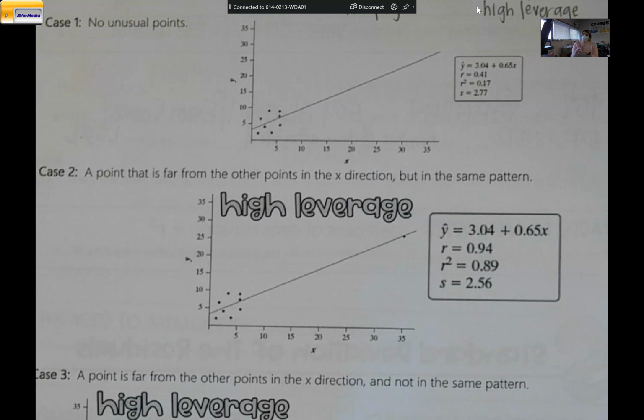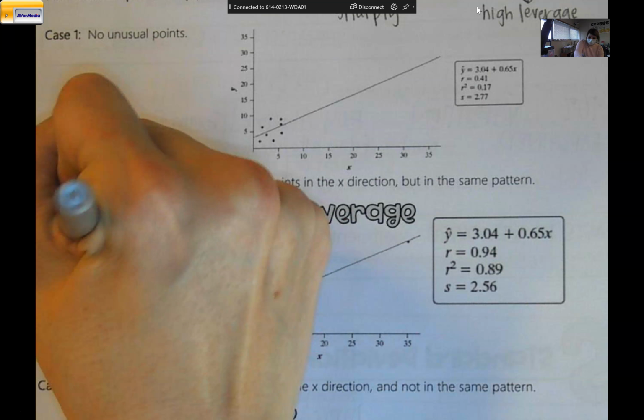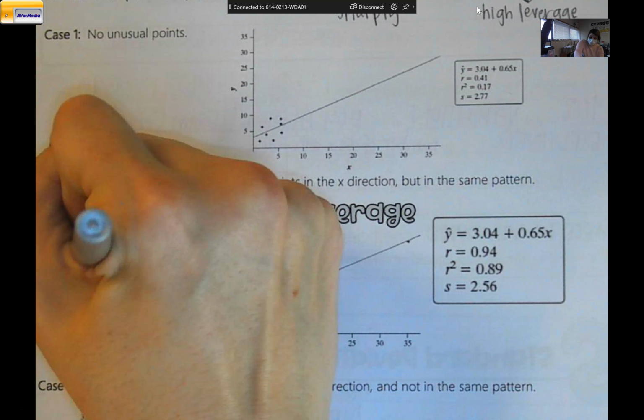So our first case is a high leverage point. Now let's remind ourselves that this means unusually high or low X values.